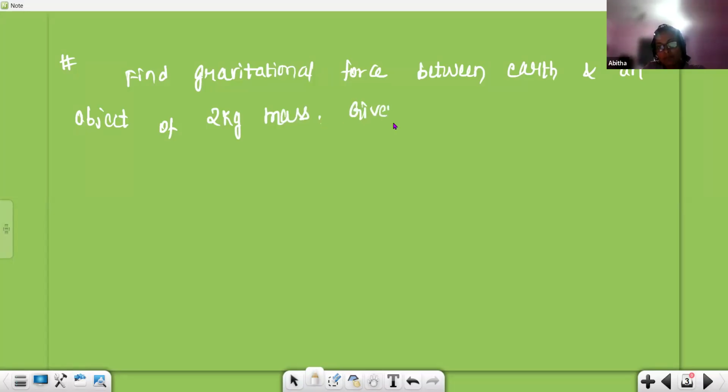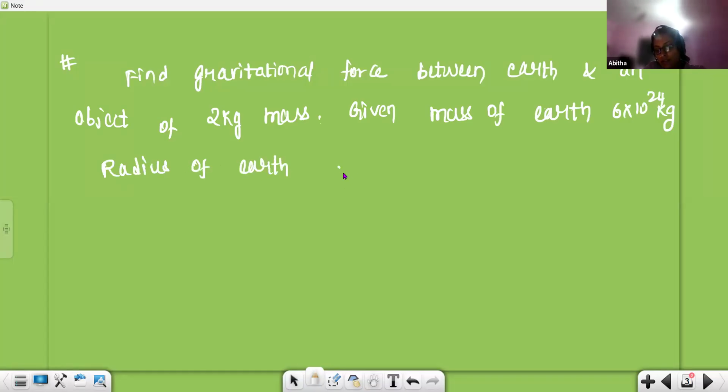Given the mass of Earth as 6 into 10 power 24 kg and the radius of Earth 6.4 into 10 power 6 meter.